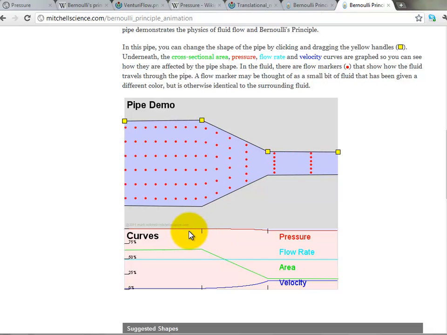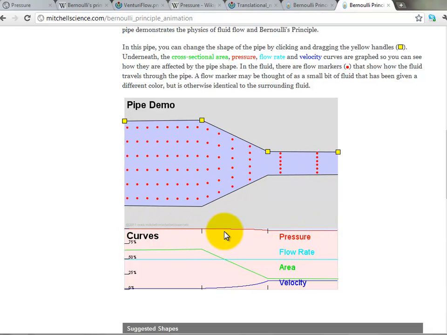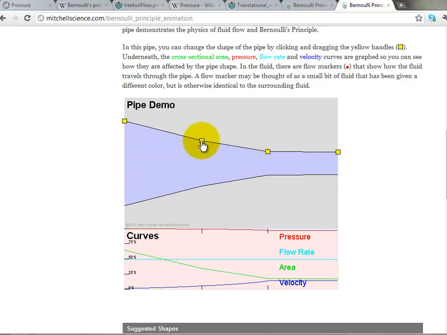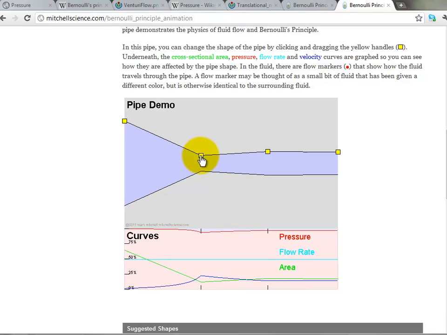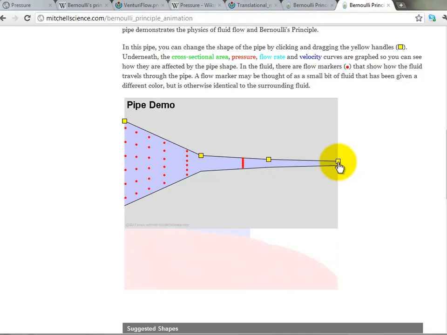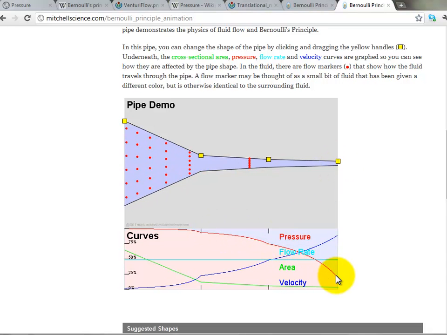Let's first of all look at the pressure. The pressure is the red line here. If you decrease the area, the pressure starts to drop here. Decrease it more, then the pressure drops even more. Decrease the area even further, and the pressure drops to a minimum.